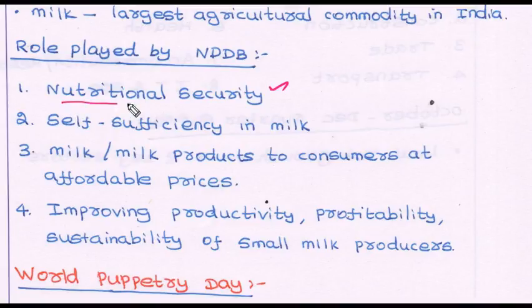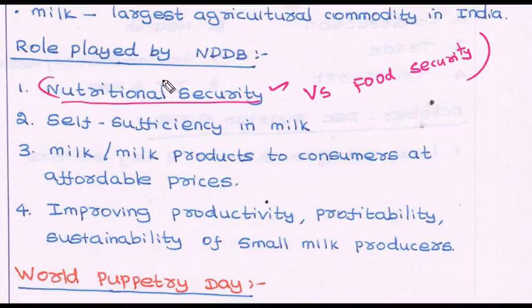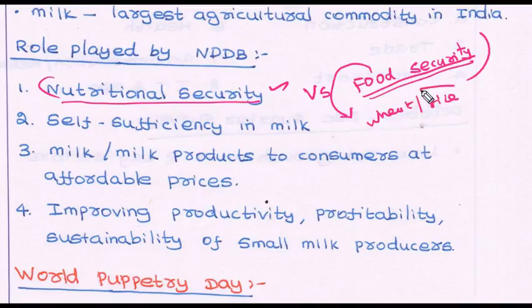There's always a debate between food security and nutritional security. What is that? It can be asked in an essay as well. Food security means, simply you can remember, ensuring the availability of wheat and rice to all at an affordable cost.